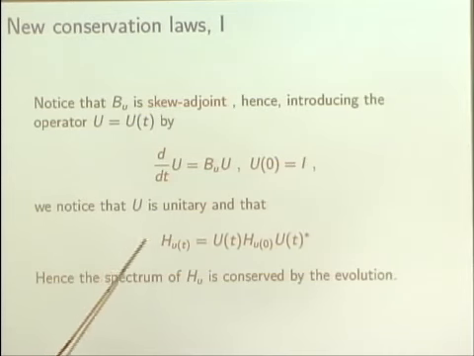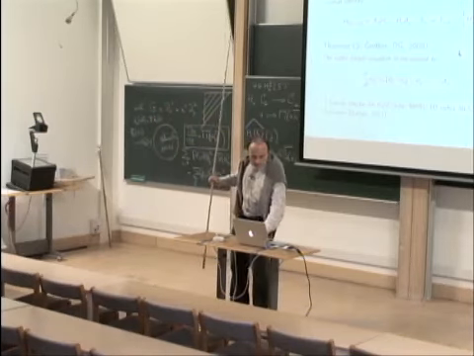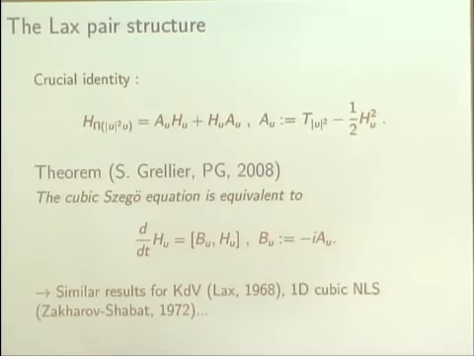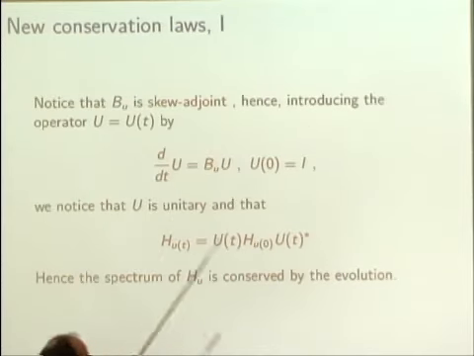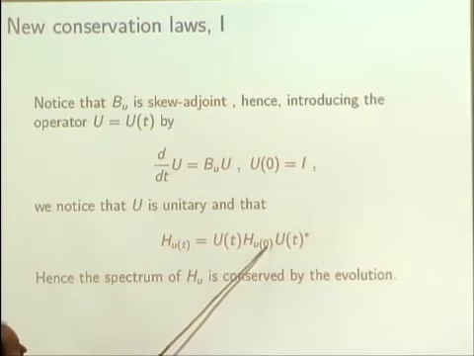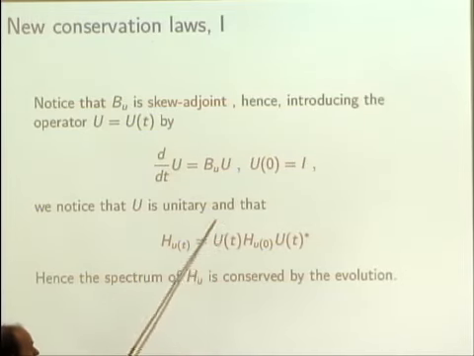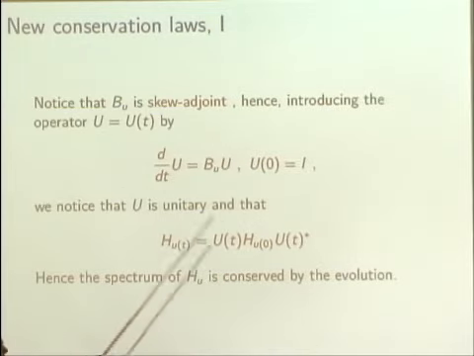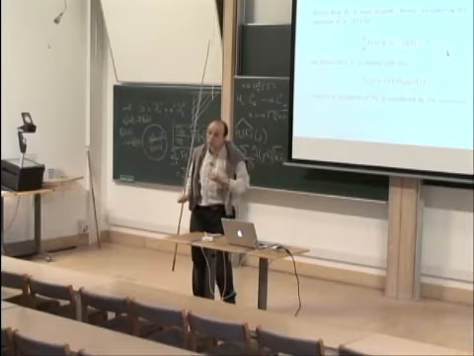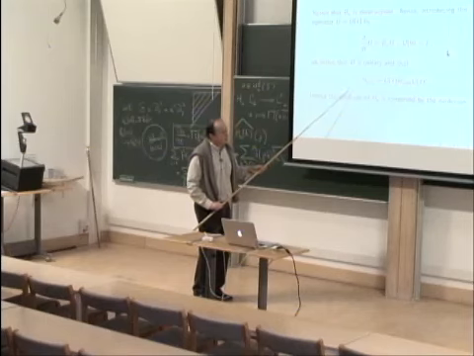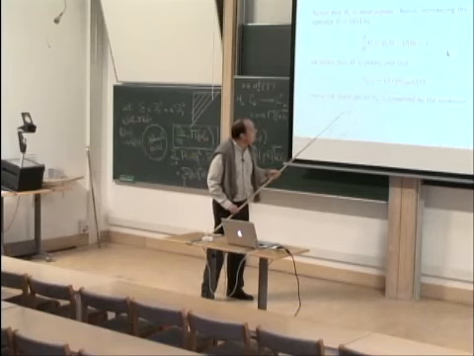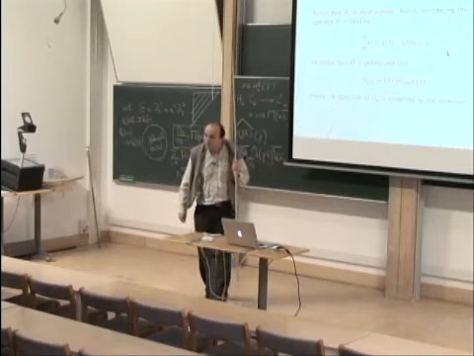Then it's easy to see that this operator at every time is unitary, and that the fact that Hu satisfies this identity here is equivalent to the fact that Hu at time t is exactly obtained from Hu at time 0 by conjugating with my unitary operator. So of course you don't know about this unitary operator if you don't know about u, but you know that it exists, and as a consequence it tells you that the spectrum of my Hankel operator is conserved.